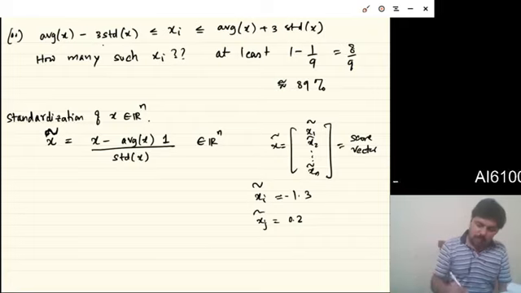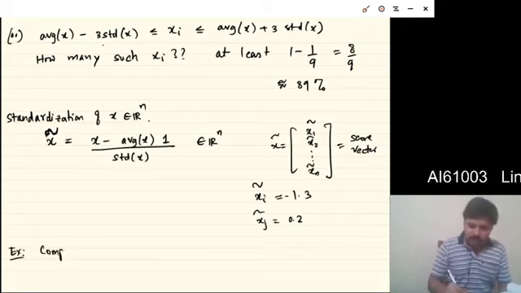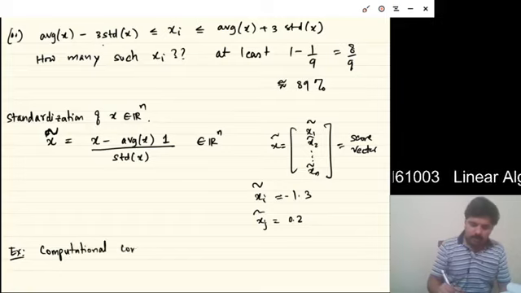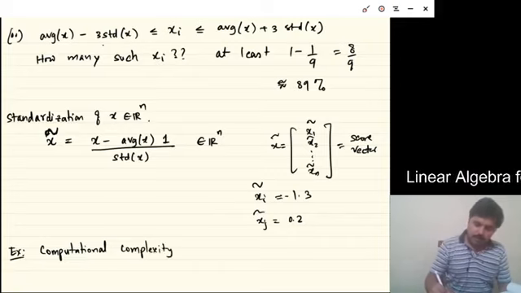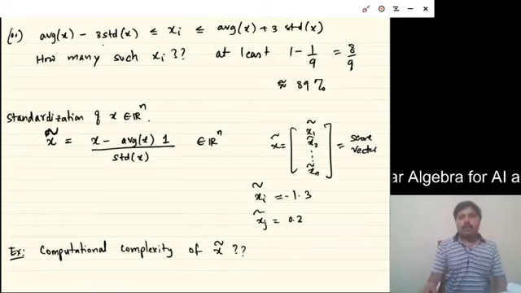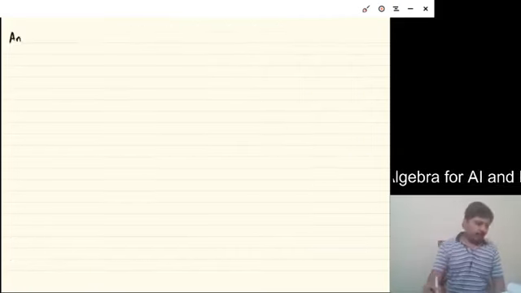Now once we understand this, one exercise for you to look at is computational complexity. You have to find out what is the computational complexity involved in computation of x tilde. How many number of operations are you required to do?